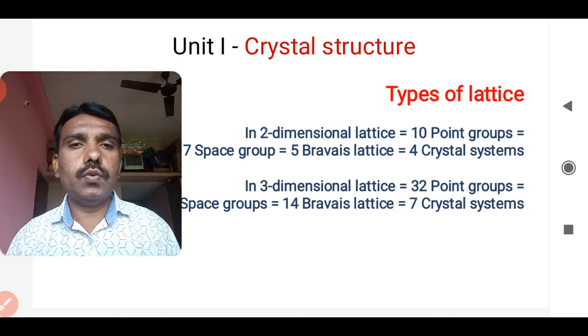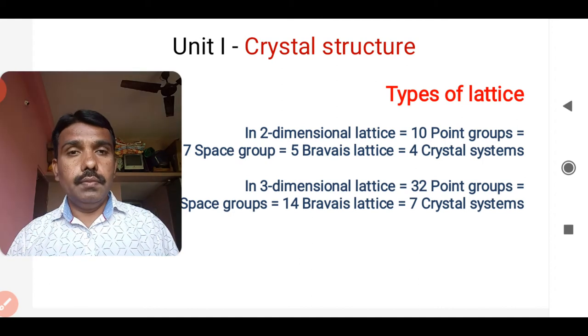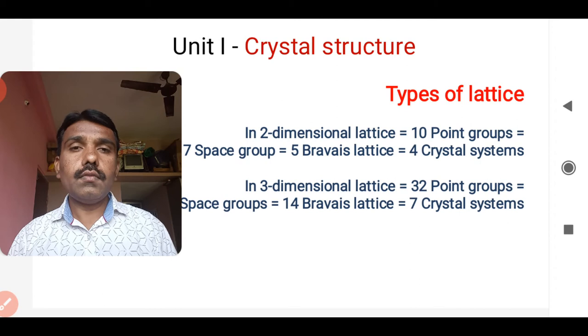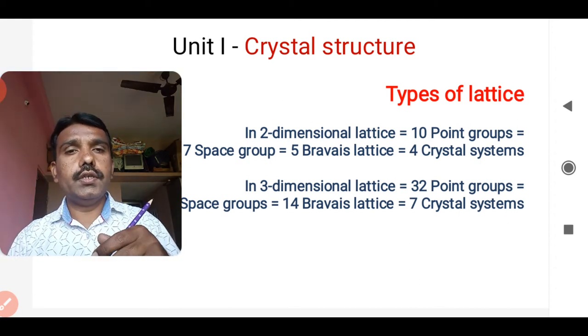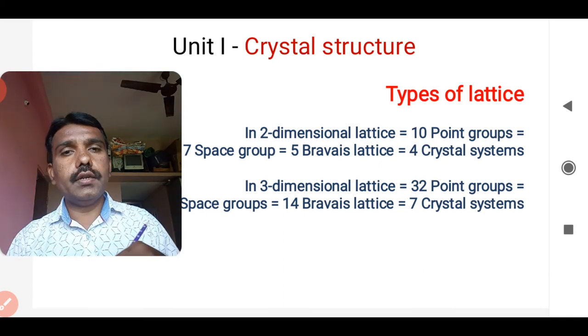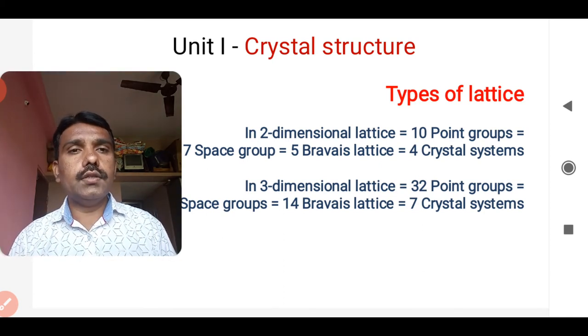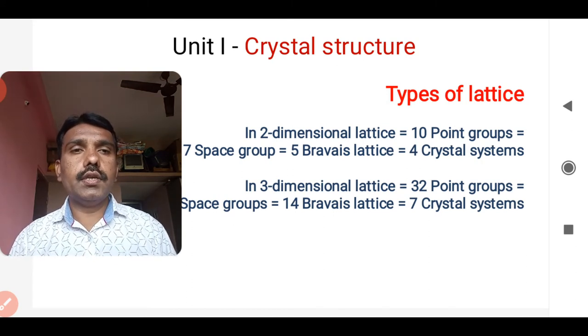In two dimensions, the number of possible point groups is 10. The space group contains not only the symmetry points but also the whole elements of the crystal structure, and 17 space groups are possible in two dimensions.